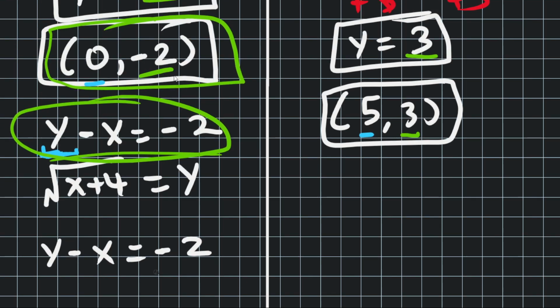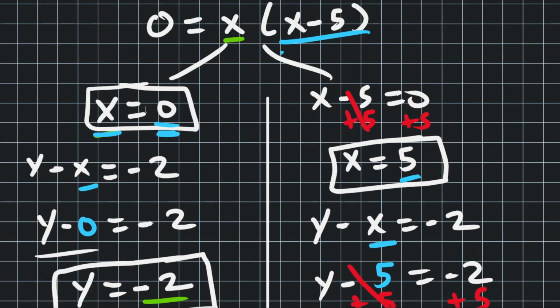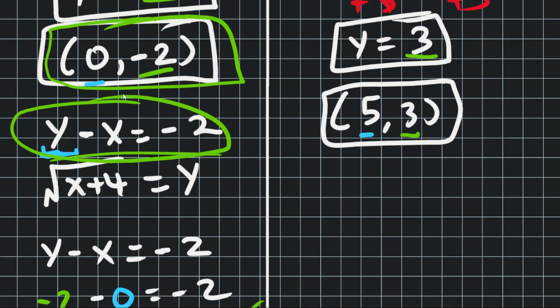Our y is negative 2, minus, and what is our x? Our x is 0. Negative 2 minus 0 is negative 2, equals negative 2. And that's true. So it passes the test for the first equation.